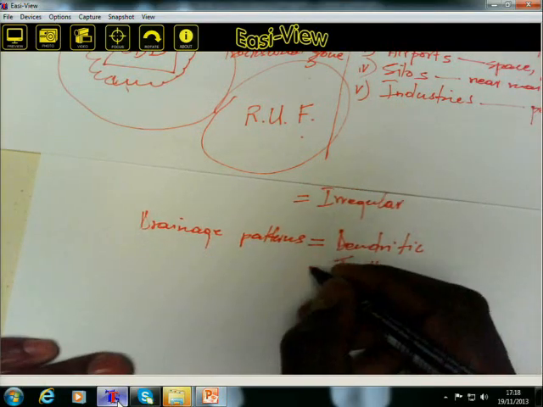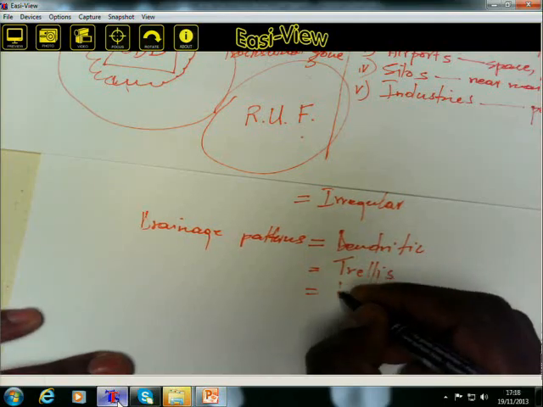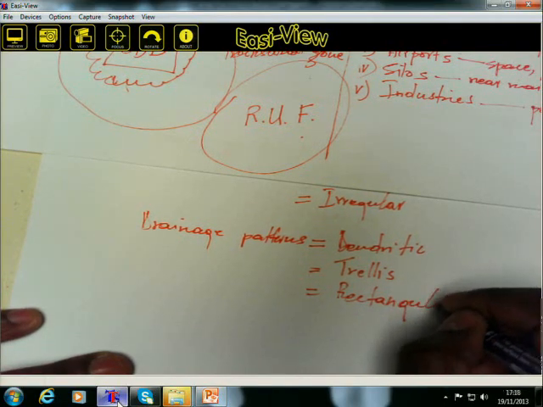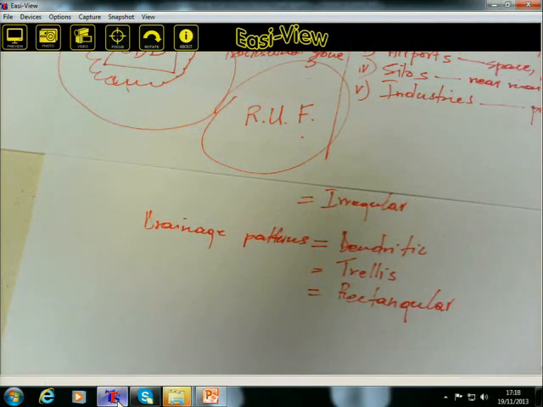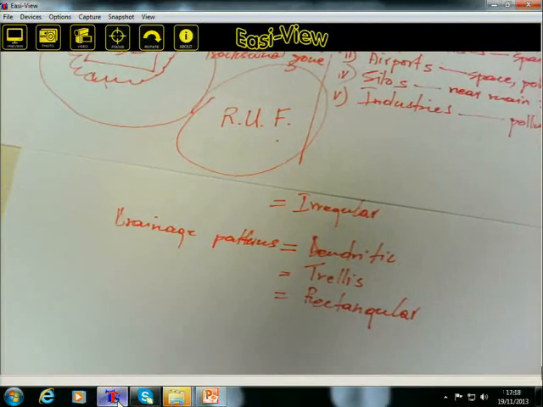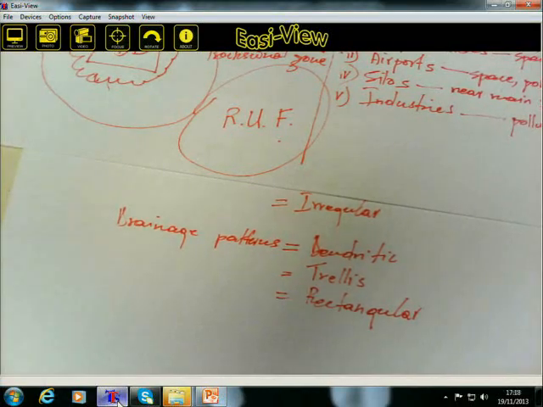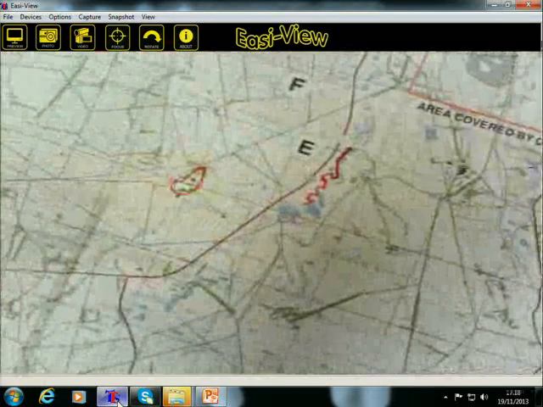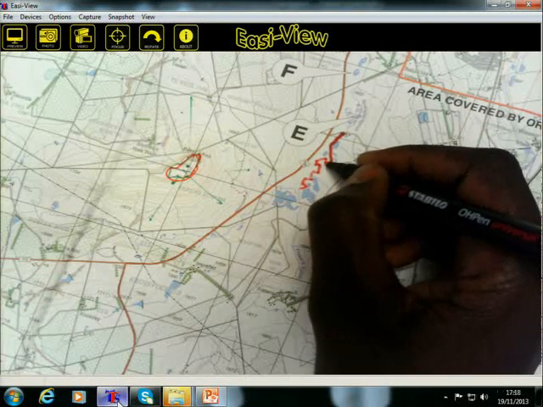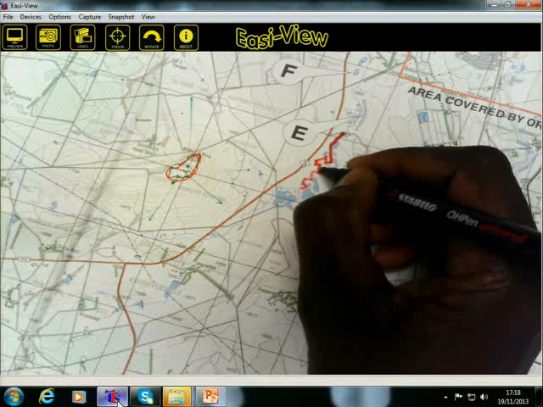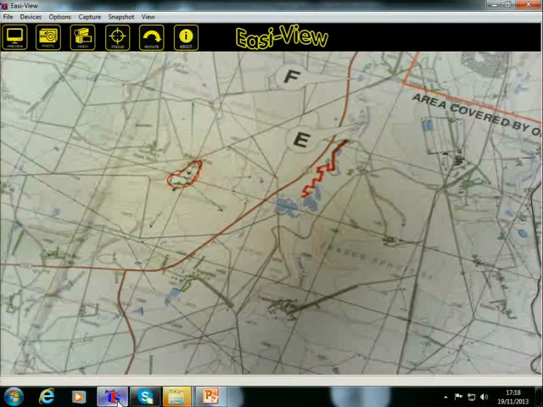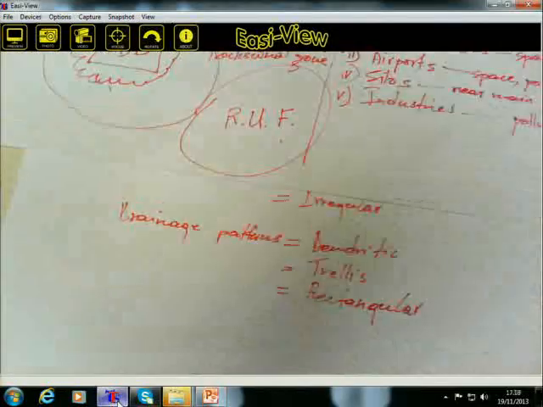Can you identify a rectangular pattern on a map, as I showed you on another map of Harry Smith, where we say a rectangular pattern can be indicated where the mainstream starts to bend at a right angle. Then you can get your rectangular pattern.